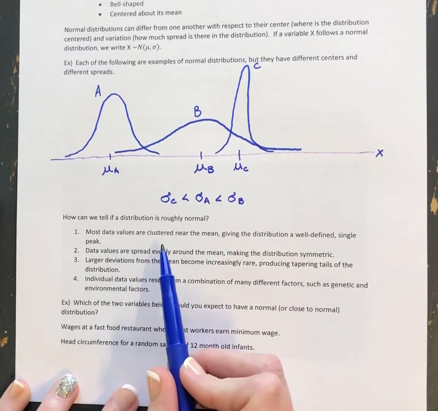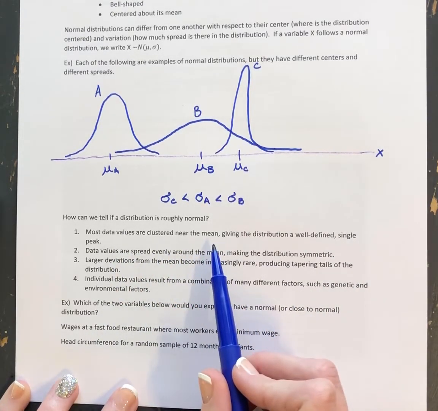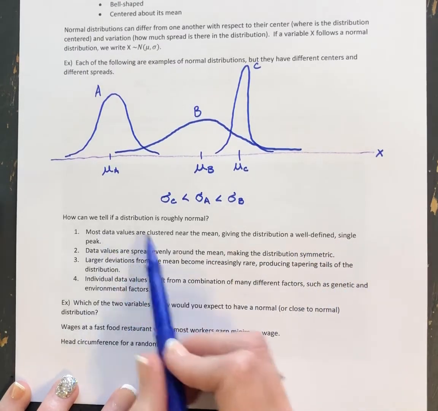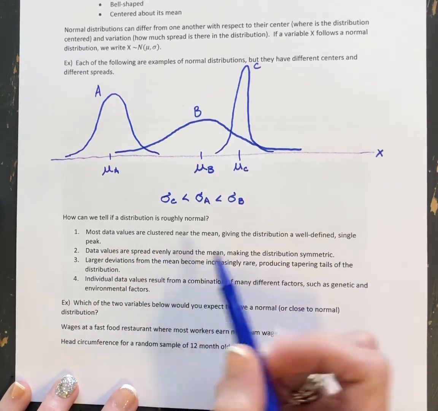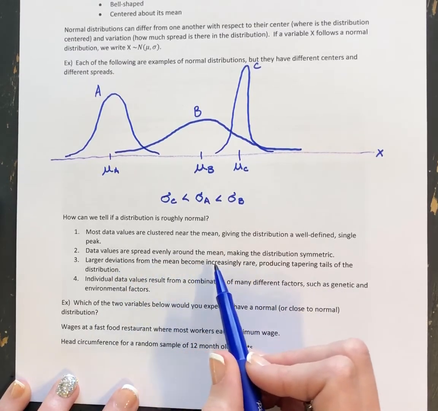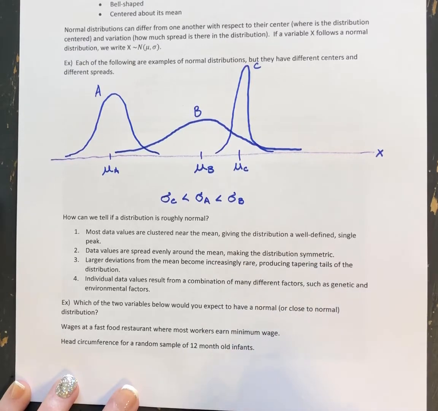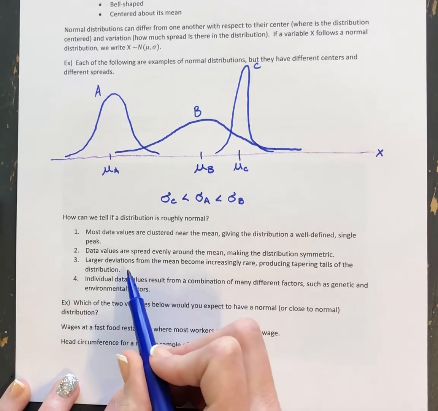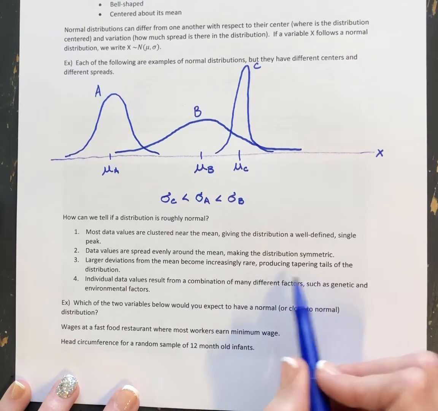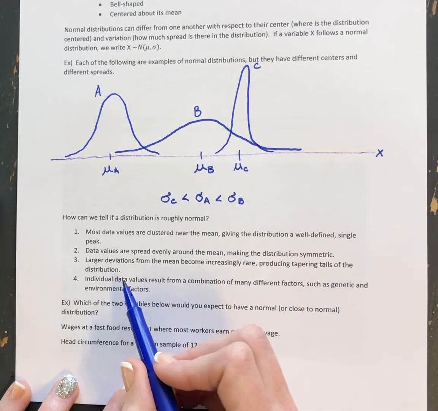If most data values are clustered near the mean, giving the distribution a well-defined single peak, that's a good indication it might be normally distributed. If the data values are spread evenly around the mean, making the distribution symmetric. If larger deviations from the mean become increasingly rare, producing tapering tails of the distribution.